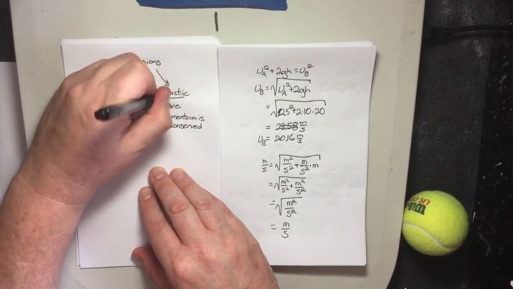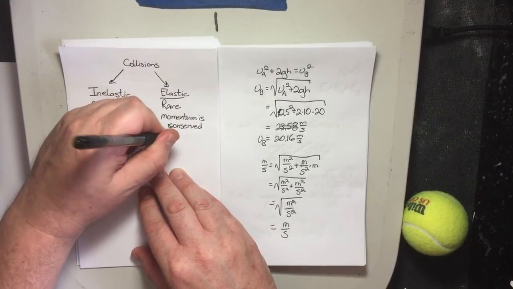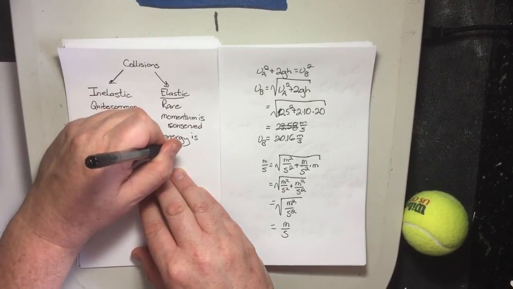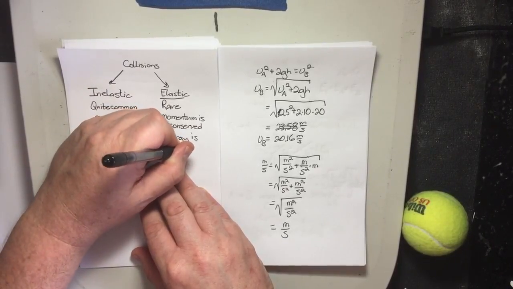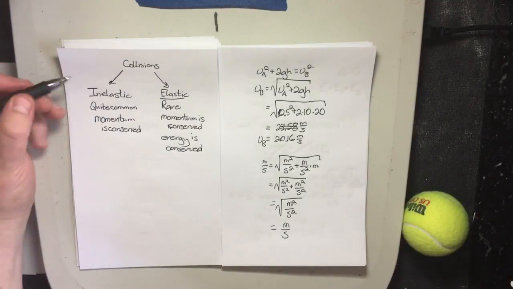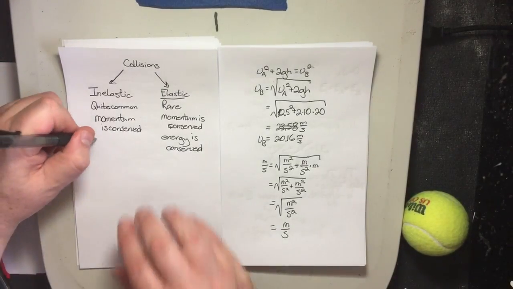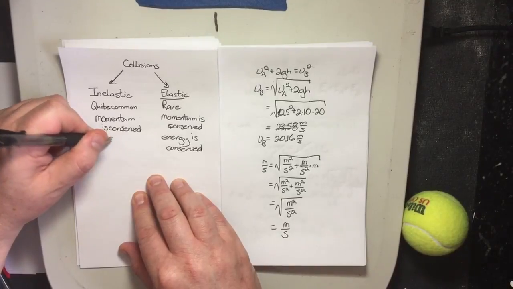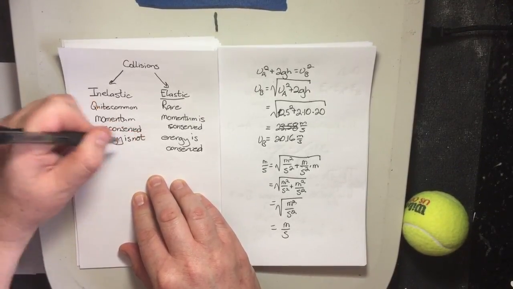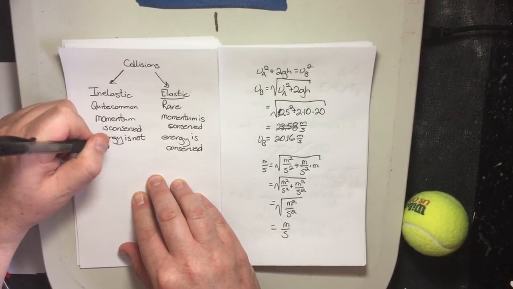In elastic collisions, energy is conserved. In inelastic collisions, energy is not conserved.